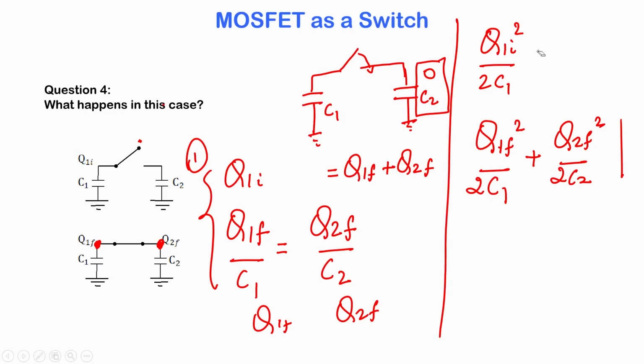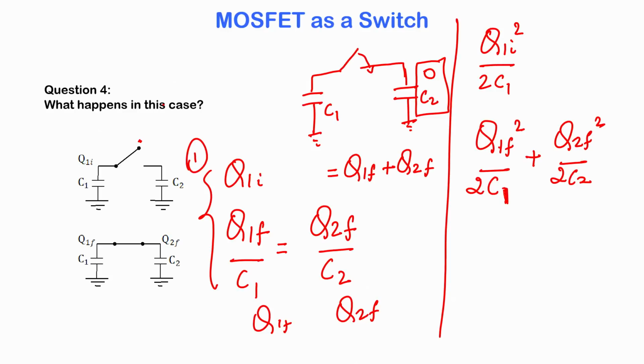Because what we have ignored is any loss due to Joule heating in the resistor that we used. No matter what the switch and what the resistance of the switch, there will be some amount of Joule heating. In fact, it turns out that the energy loss becomes independent of the resistor used, which is an interesting offshoot from this.